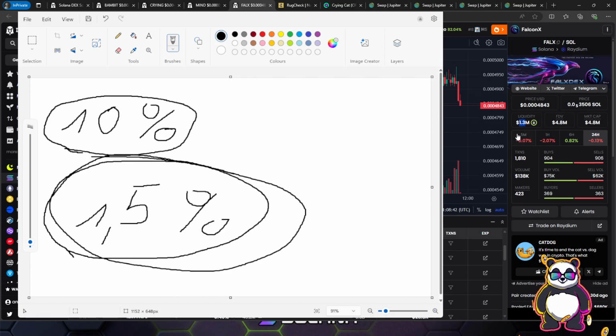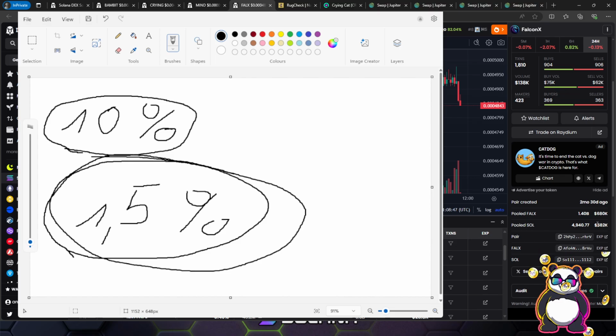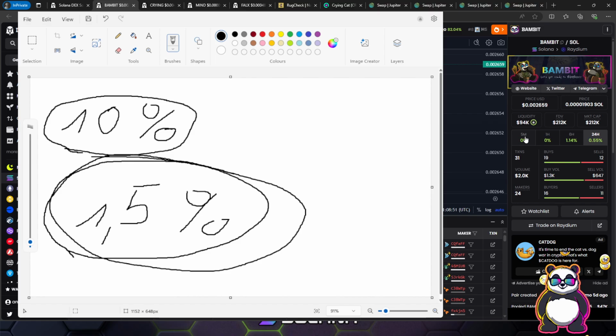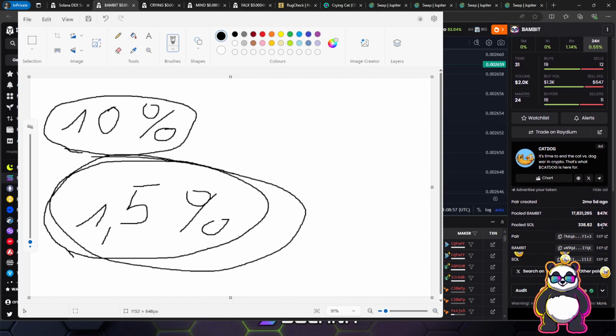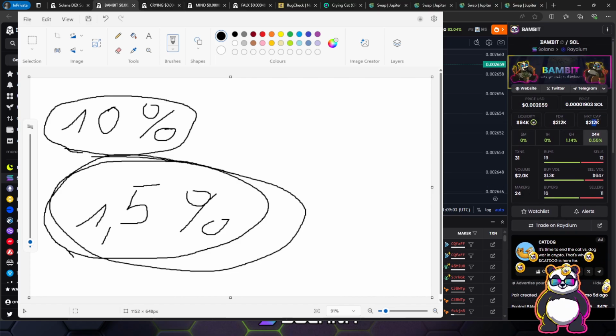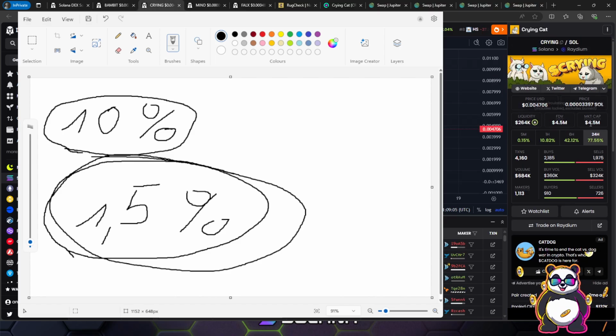And if you go to an insane liquidity ratio, you get 600k. Even Bambit, because it's small market cap now, has a very big liquidity pool. It has 50%. It has 47k in the liquidity pool. Just imagine, it's 200k, and this one is 4.5 million.